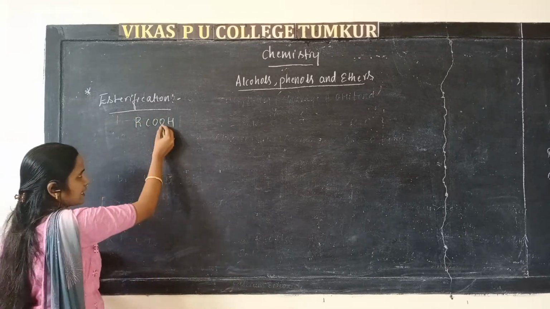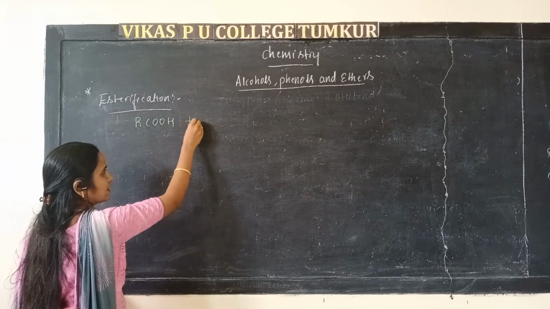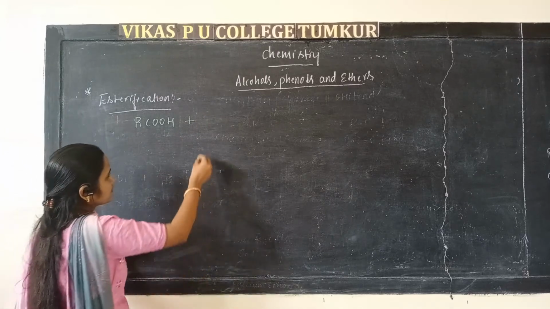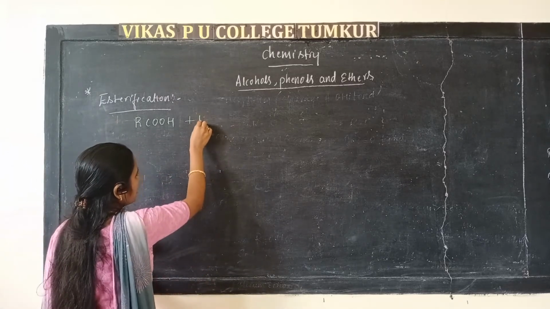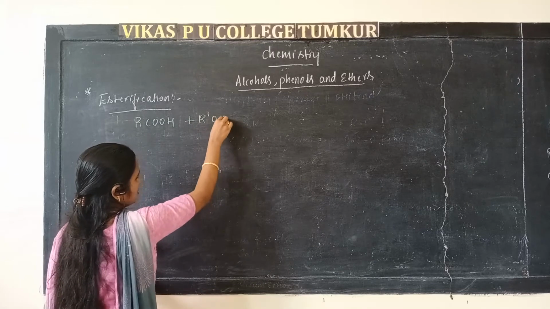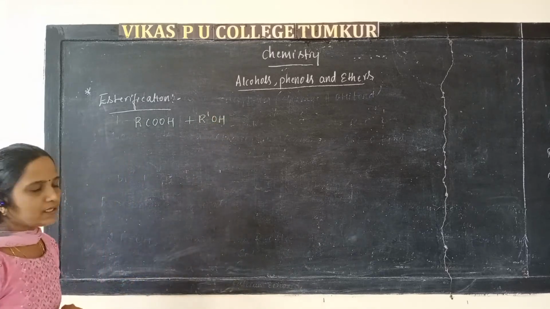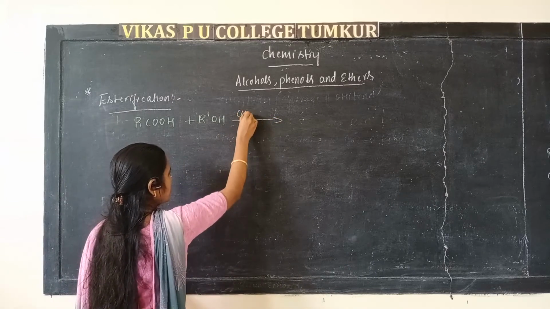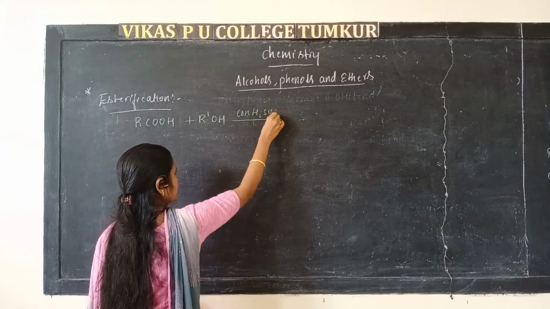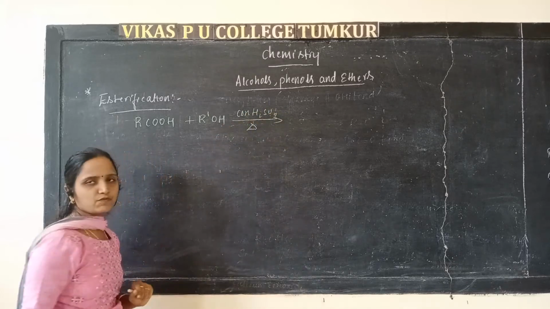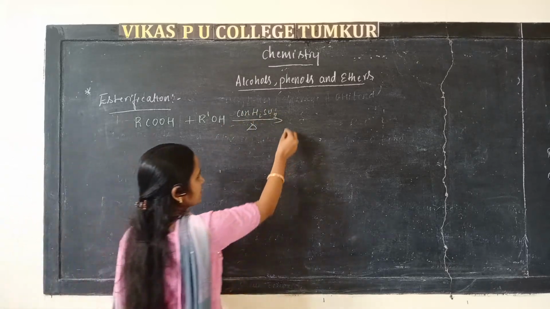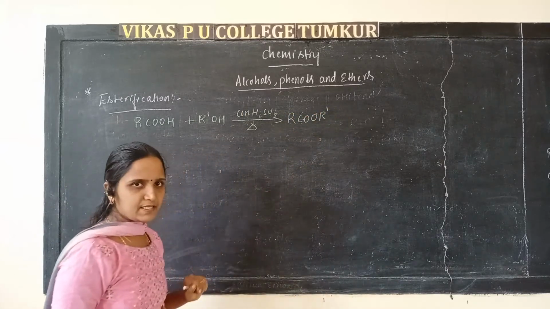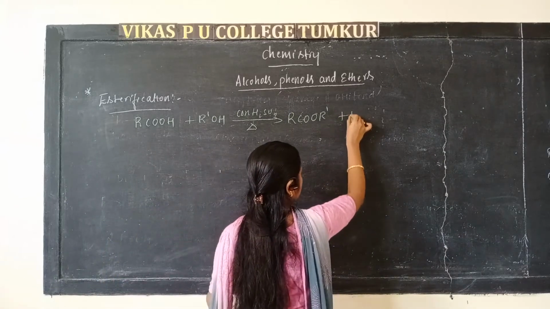This carboxylic acid reacts with the alcohol, R'-OH, in the presence of concentrated H2SO4, forming an ester, RCOOR', plus H2O.